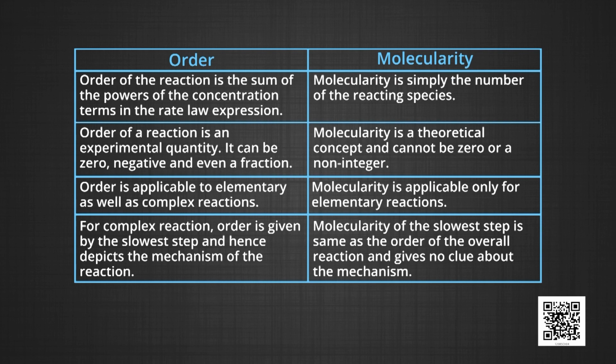Point 3 is, order is applicable to elementary as well as complex reactions, whereas molecularity is applicable only for elementary reactions. For complex reactions, molecularity has no significance. For complex reactions, order is given by the slowest step.